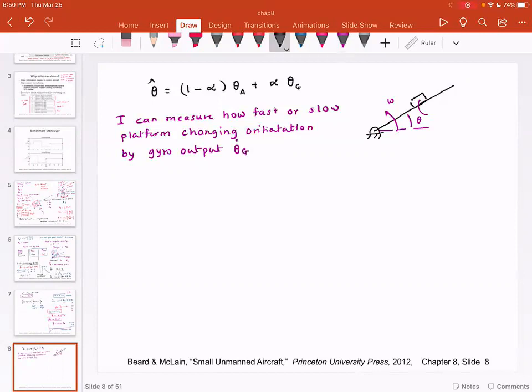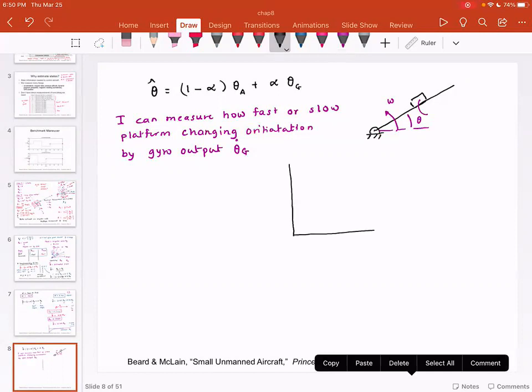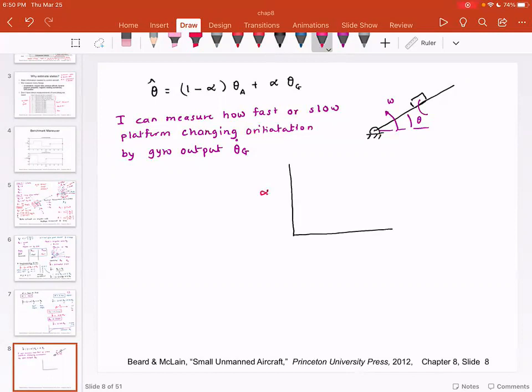So why not come up with some sort of relationship wherein you have alpha on the y-axis and your gyroscopic rate on the x-axis, and the value of alpha varies between 0 and 1. So when the gyroscope is very fast, which means this is a high value, this is 0 value.